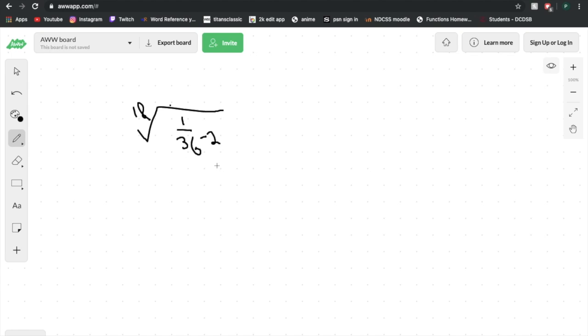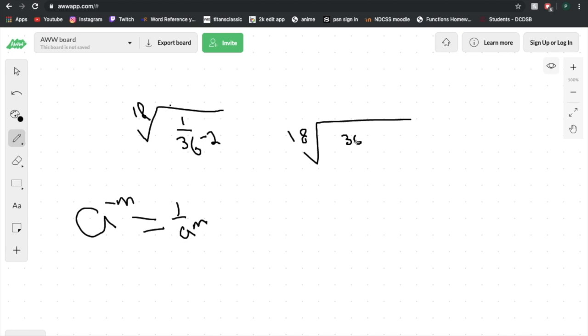If we flip that, according to the law we just learned with the negative exponent and the reciprocal, it will change this 2 to a positive. So we flip the reciprocal: 36 over 1 to the power of 2. And now we're back to the form that we had in the beginning, but this time without the negative.